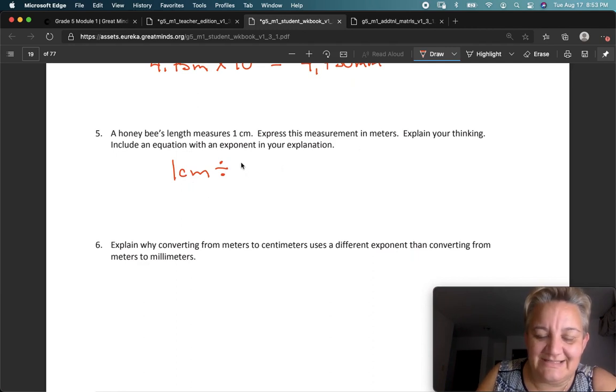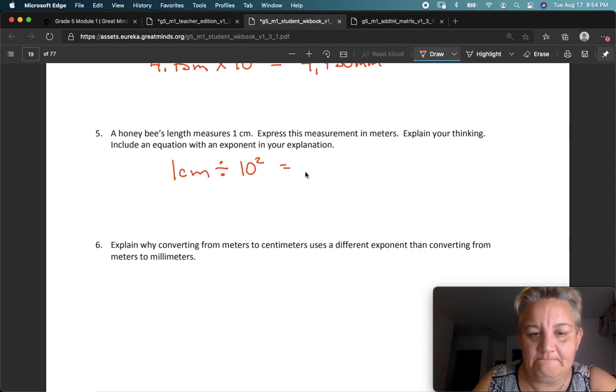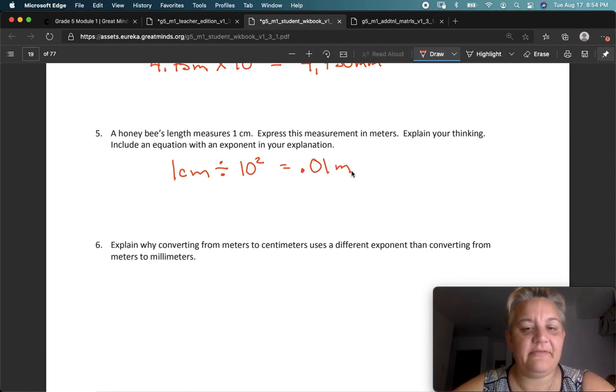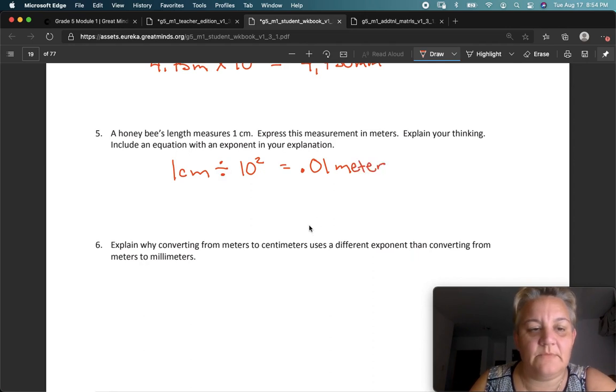Centimeters to meters, that's 10 squared, okay? And our new answer would be 1/100th of a meter.